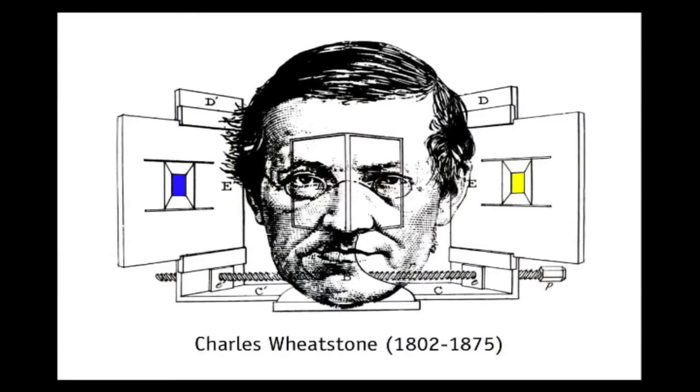And the context in this case was the idea about the physiology of perception, research that was very lively in the first early decades of the 19th century. And this is the scientist in question, Charles Wheatstone, who was also linked with many other inventions, including the early history of electric telegraphy and other things.